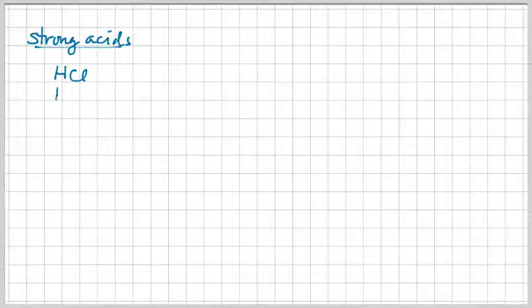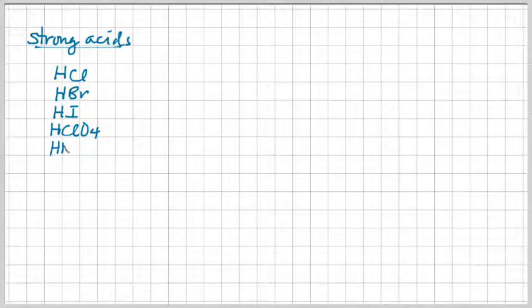So, strong acids. HCl, HBr, HI. Perchloric acid, nitric acid, sulfuric acid.